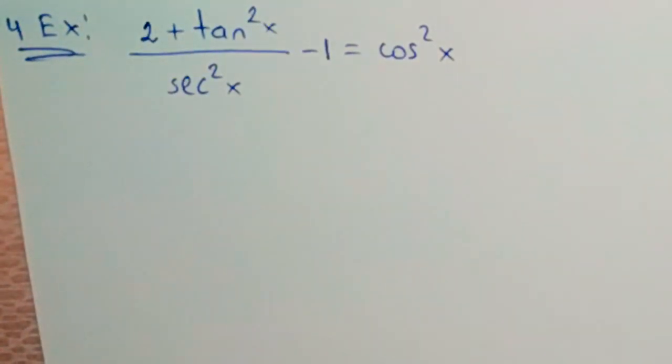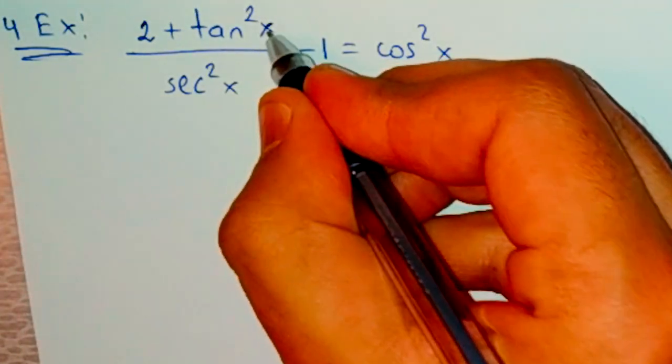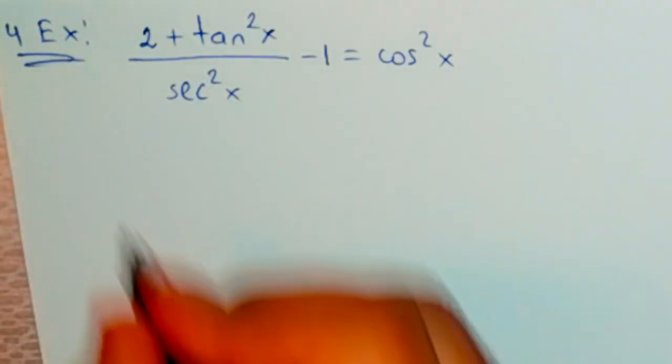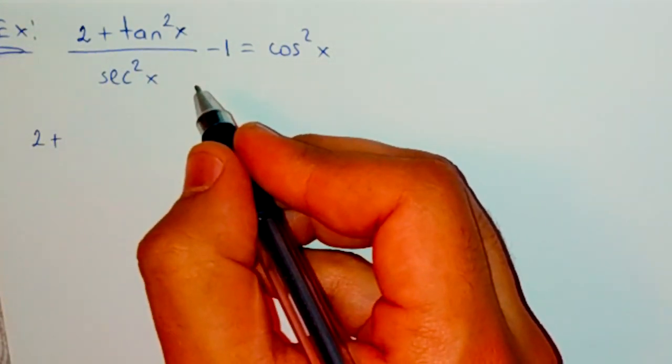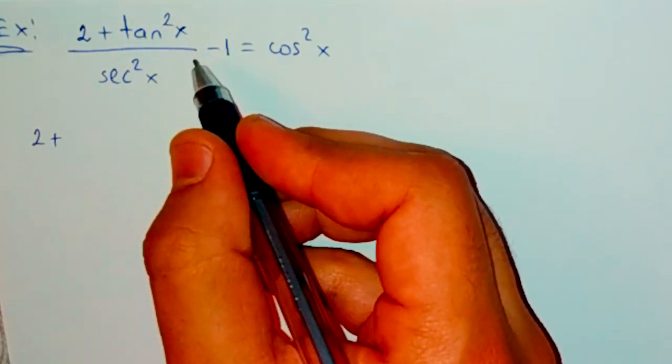Example number 4. This is the last example of this lesson. Let's go. 2 plus, instead of tangent x, what can we write? Tangent x is squared.